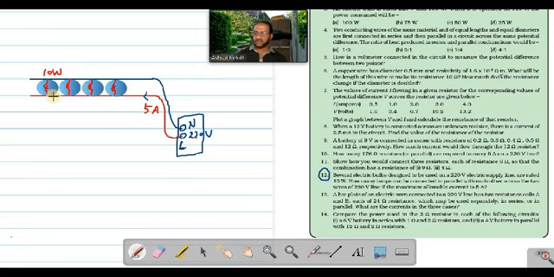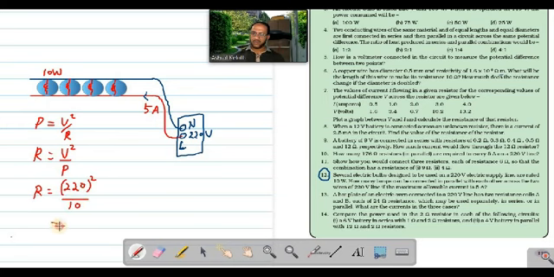First step, can we calculate the resistance of the bulb? It is given power of each bulb is 10 watts. They are operating in 220 volt line. P is equal to V square by R. So we need to find the resistance of the bulb: R is equal to V square by P. V is 220 volt, so 220 square divided by power, 10 watts, each bulb is 10 watts.